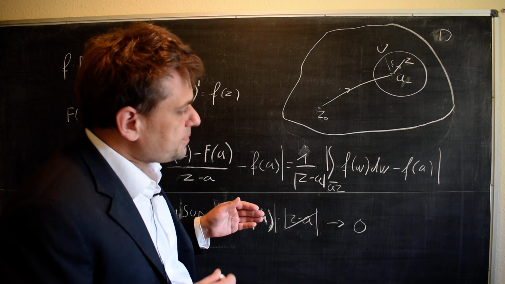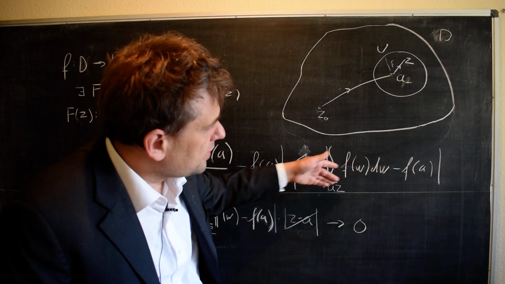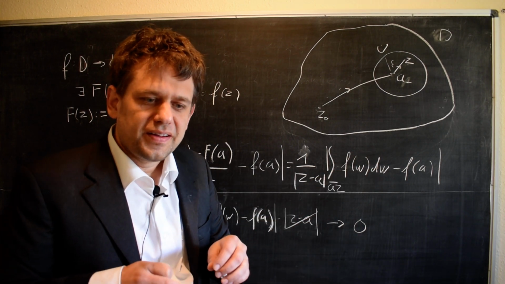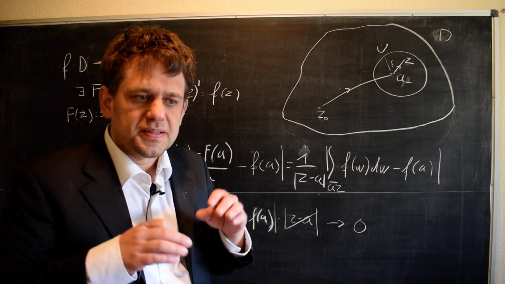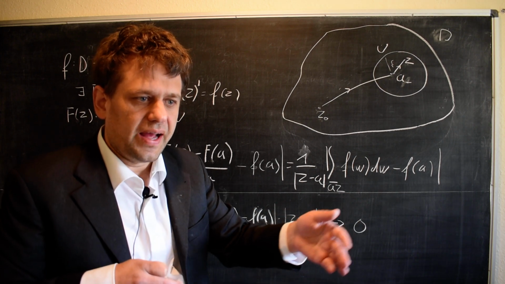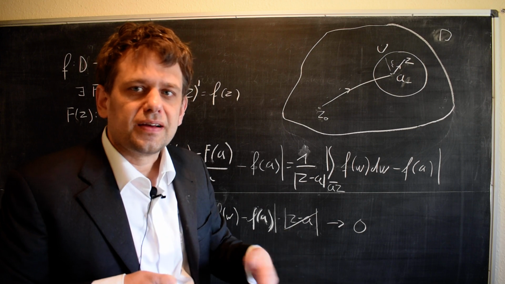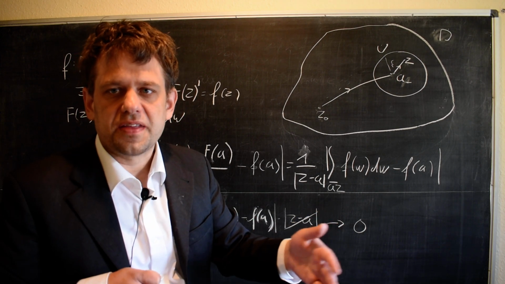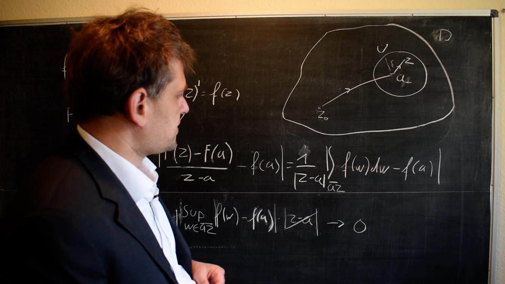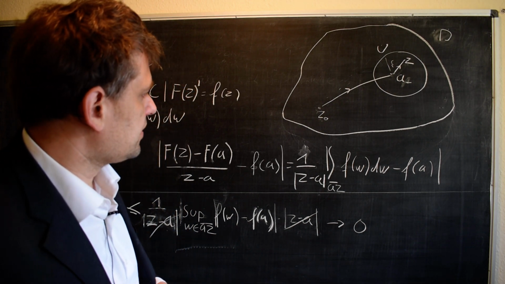This says that this integral must be smaller than the supremum of the values taken on the interval you're integrating over, times the length of the interval, right? So this is a very intuitive result, and this is called the ML inequality.